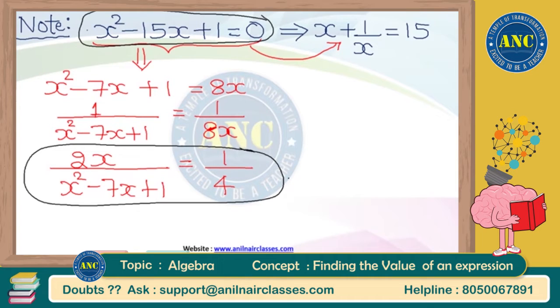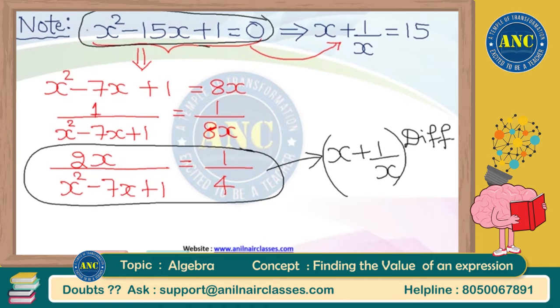In this particular format also they can give you the question, and if it is given in this format, you will think that finding x plus 1 by x is slightly difficult compared to when it is given in terms of a quadratic equation. Yes, it is a little difficult to find x plus 1 by x until you understand how to find it.